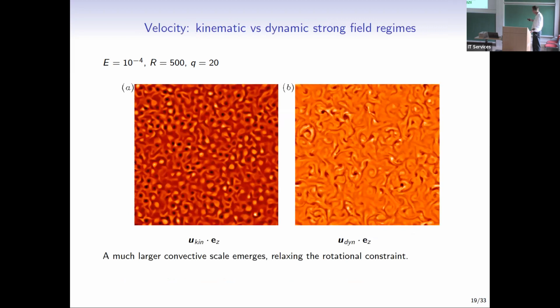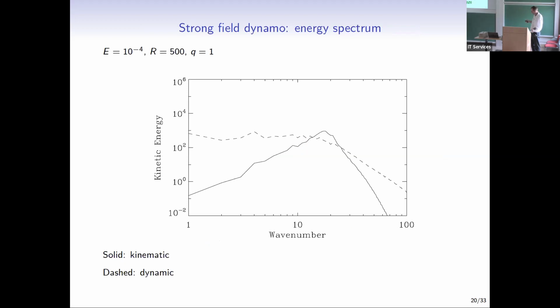So if we play the same game, this is the kinematic flow field, and this is the dynamic one where you can see there are much larger scales emerging here. And if you look at this plot, you really can see it. Okay, so the solid line is the kinematic velocity field. It has a well-defined peak, which is those little cells having that wave number, 30 or whatever.